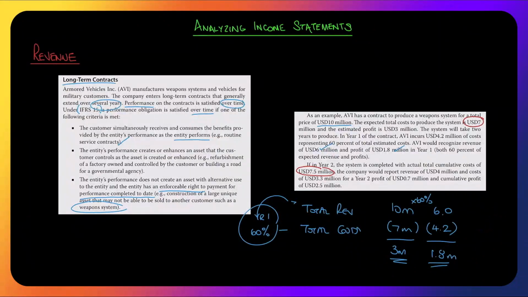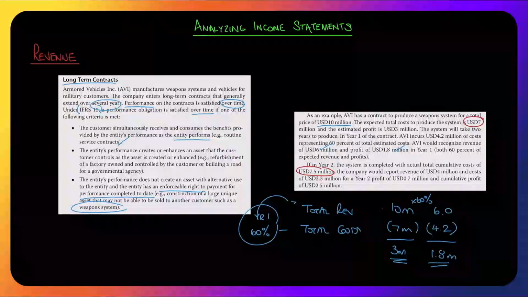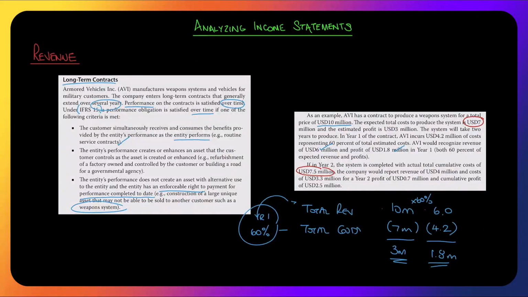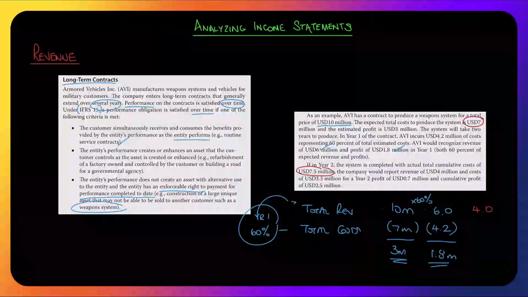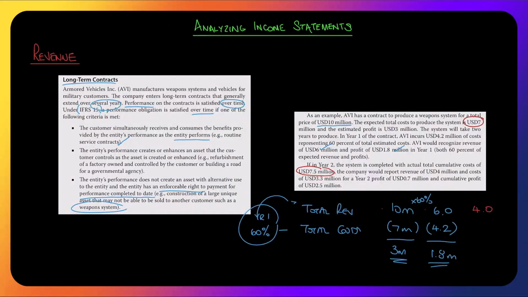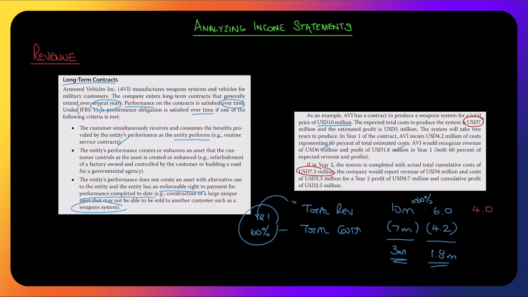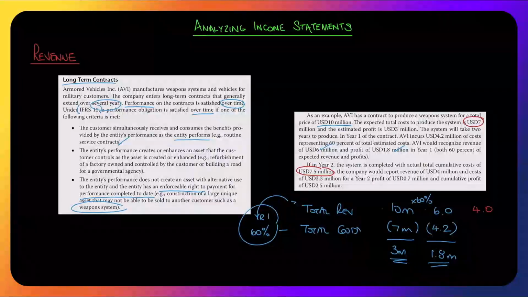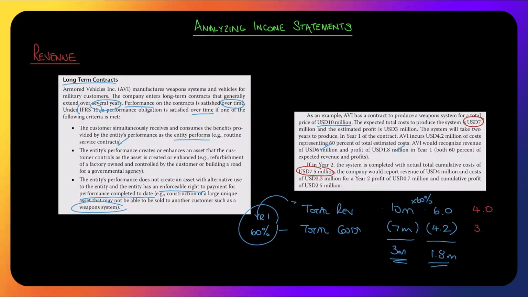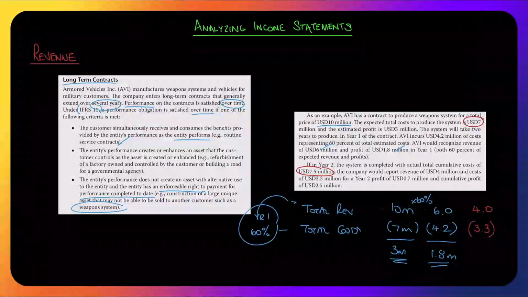So what do we do? Revenue has not changed, so we're still going to put in 4 million of revenue. The company will report that 4 million, but costs, we'd only recorded 4.2. If in total we end up with 7.5, we have to add in 3.3 in year 2.